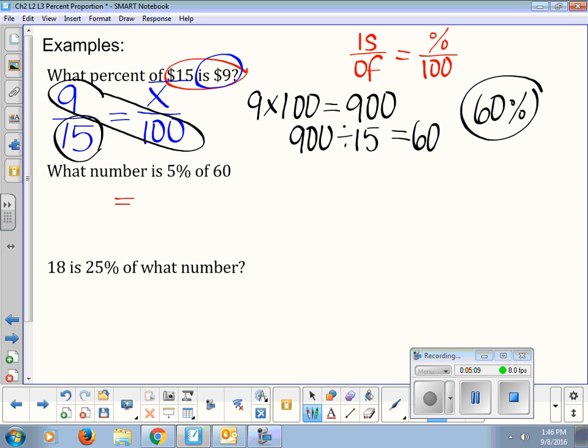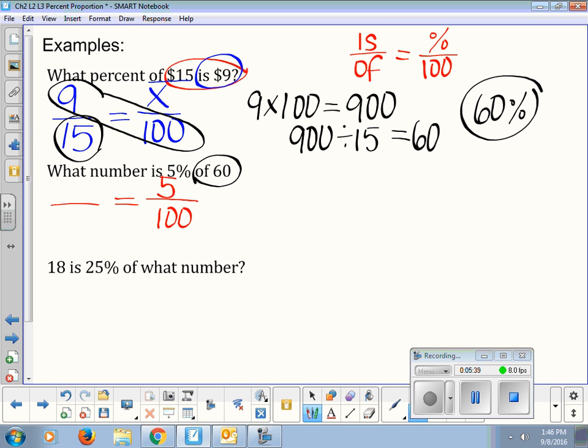Okay, for our next example, we have what number is 5% of 60? I'm going to set up my two fractions. My second fraction I always keep as my percent, and we know percents are always out of 100. Do we see a percent sign in our question? What percent do we have? 5, so that goes in our numerator. We have 5 over 100. When you look for our first fraction, do we have our is or our of?